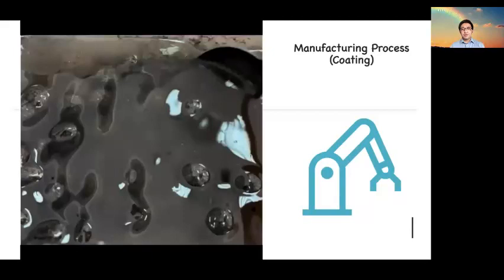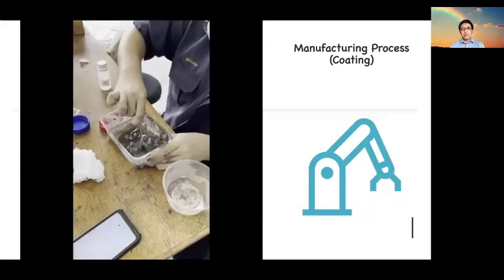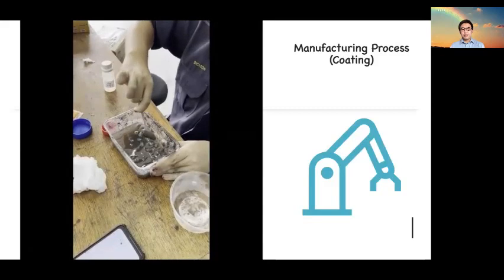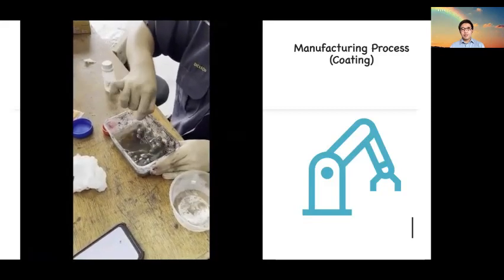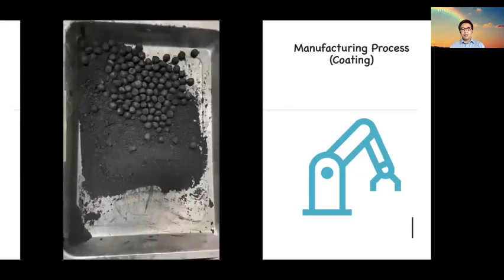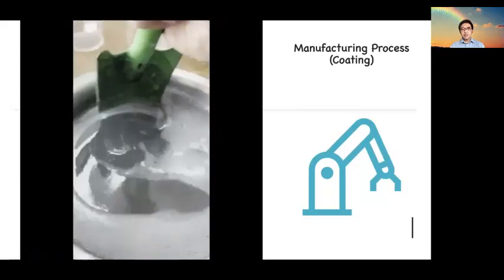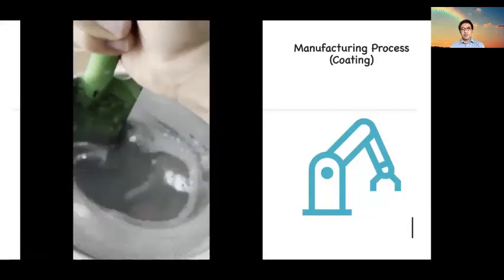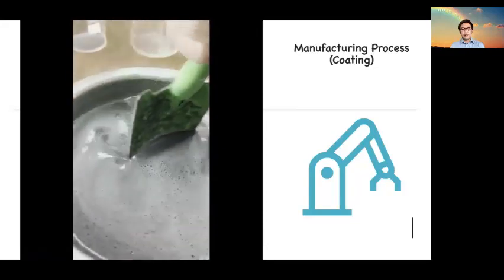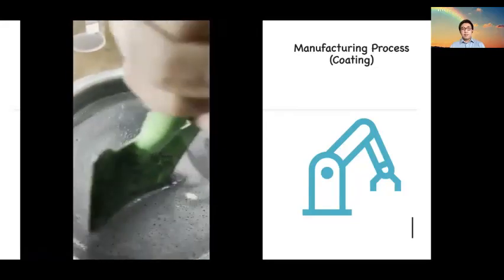The sample is immersed in the epoxy resin for 15 minutes for the coating process. The freshly coated aggregate is removed from the epoxy resin and transferred into the container with graphite powder. The steps are repeated by replacing epoxy resin with silica fume-based geopolymer. This is the manufacturing process for the coating method.